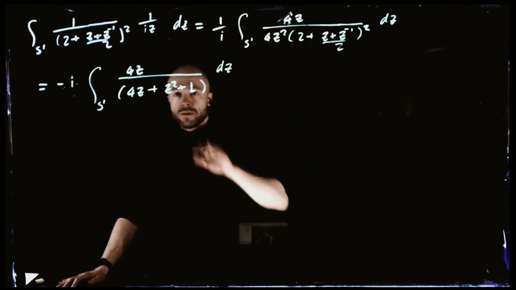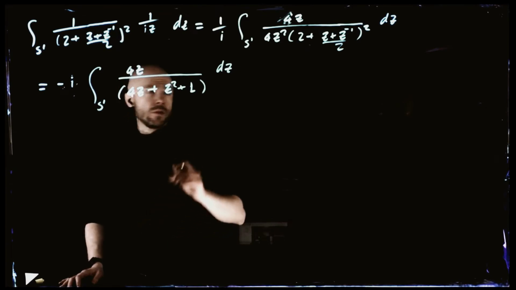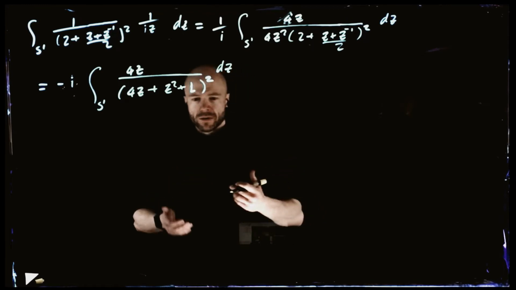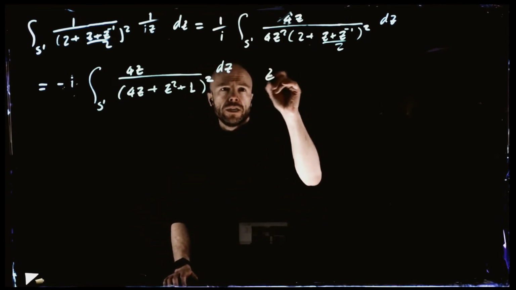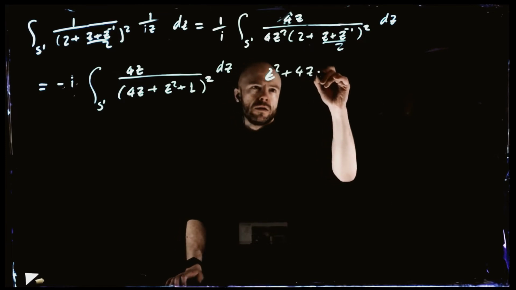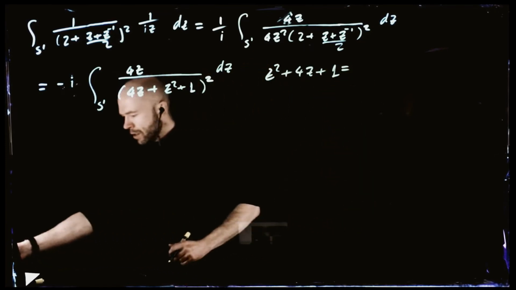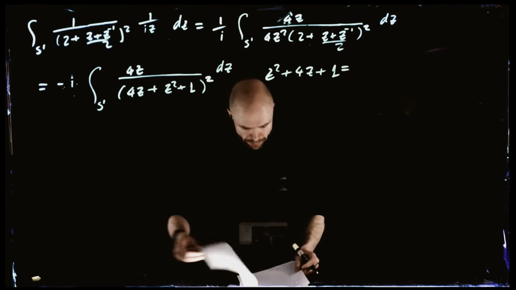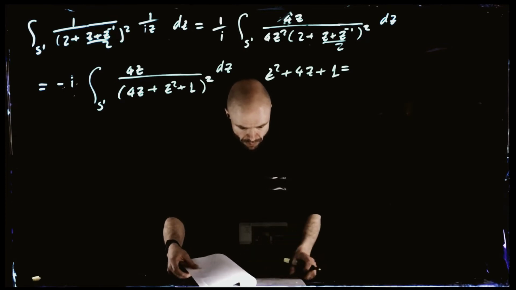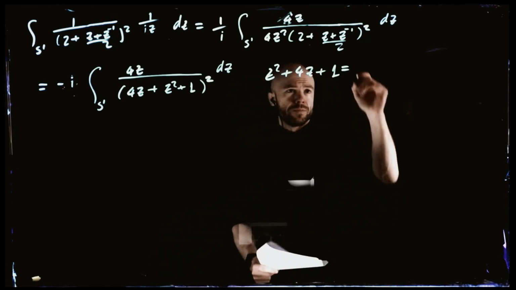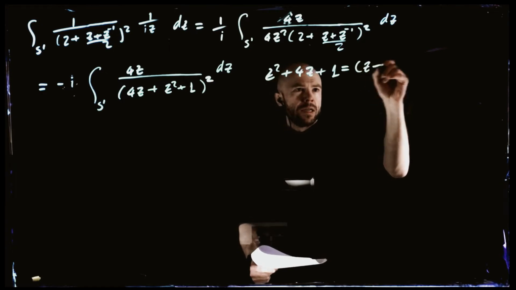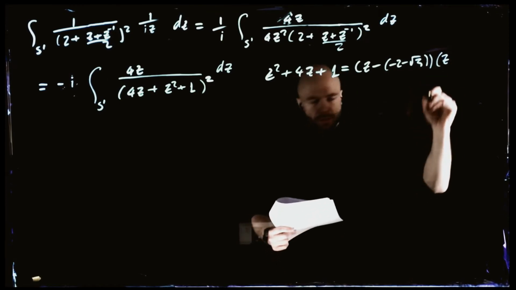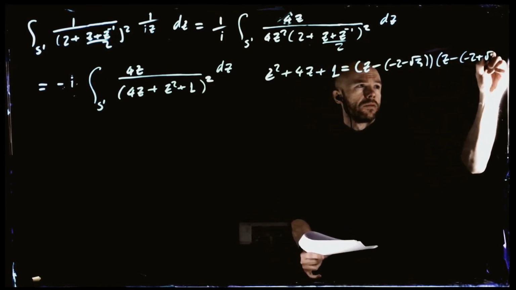And that looks good because now I have a quadratic on the bottom here. Oh, everything should be squared. I keep forgetting this. Now I have a quadratic on the bottom here, so I can actually factor it. So z squared plus 4z plus 1 factors, and the factors turn out to be like this: z minus (minus 2 minus root 3), z minus (minus 2 plus root 3).